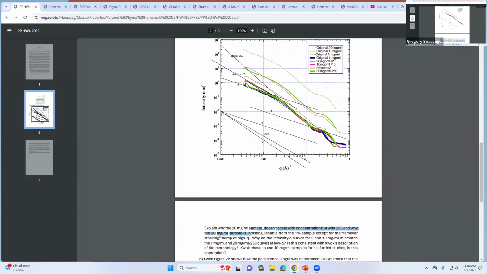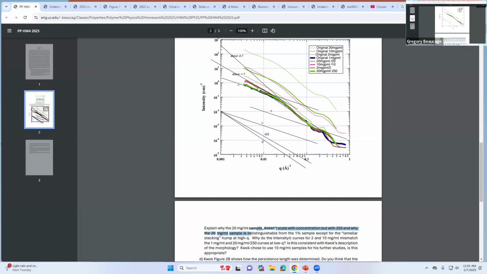At 10% and 20%, there are definitely changes, meaning there are correlations. If it was just mean field screened out, it would drop below. If it matches, you're below the overlap concentration. If it doesn't match, you either have specific interactions and it goes up, or you have mean field and it goes below. With specific stacking, it'll go up.